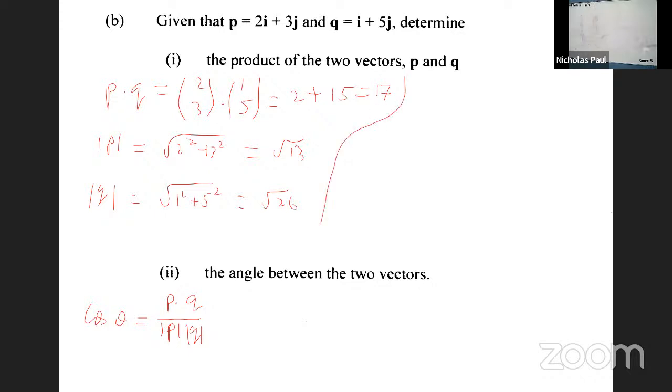Right, so cosine theta is equal to 17 over square root of 13 by square root of 26. So theta is equal to cos inverse of 17 over root 13 root 26.